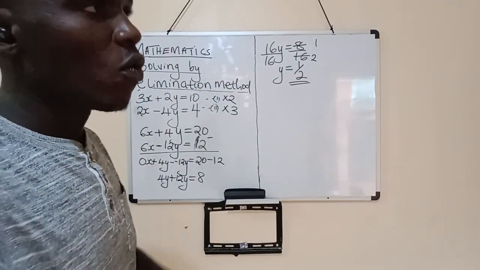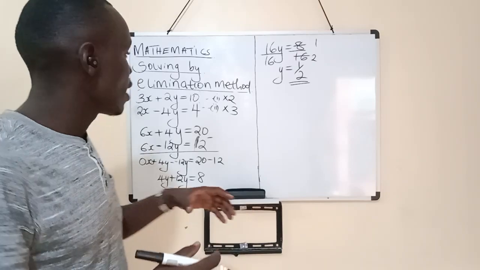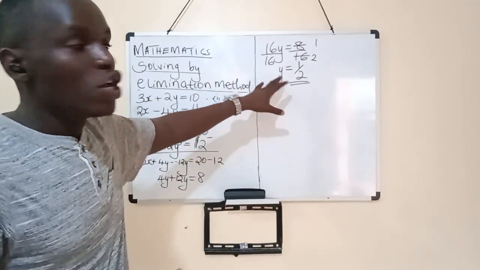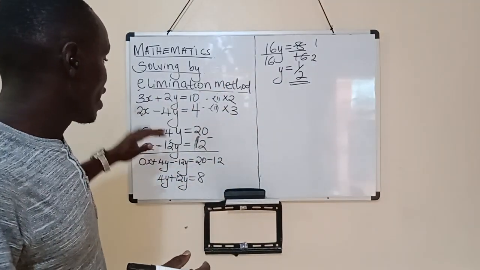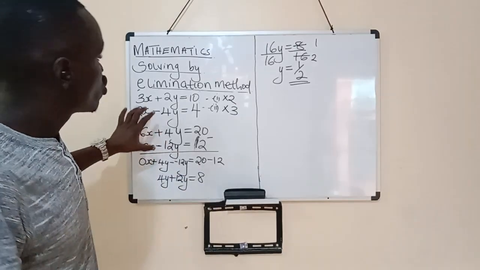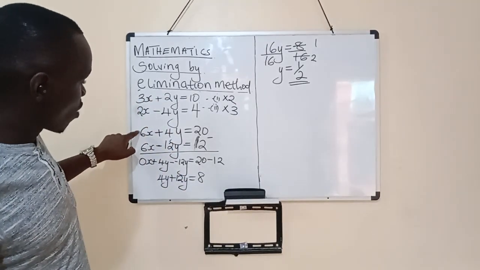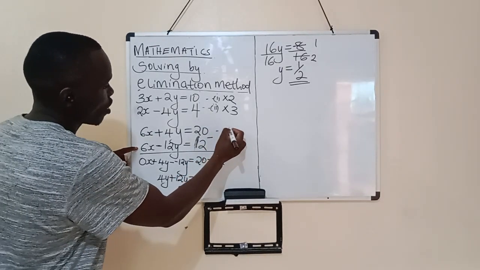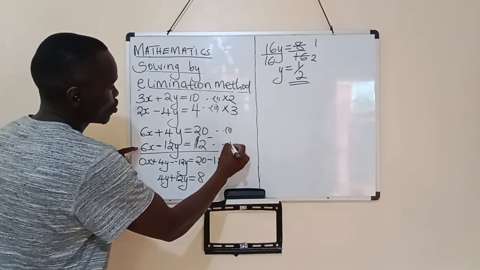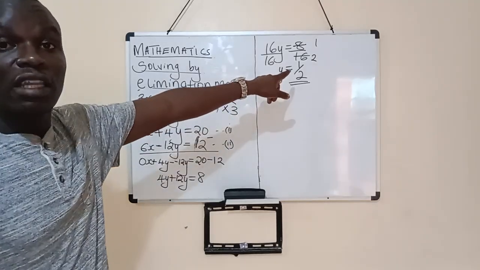Then once you obtain the value of y, you use it to get the value of x. You can choose either equation 1 or equation 2 to replace using the value of y.